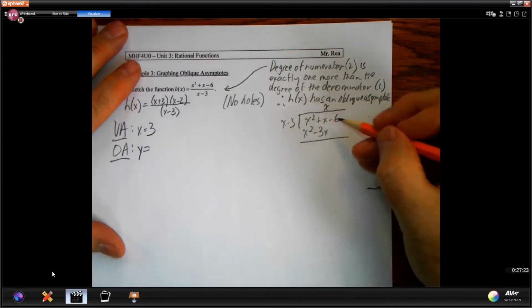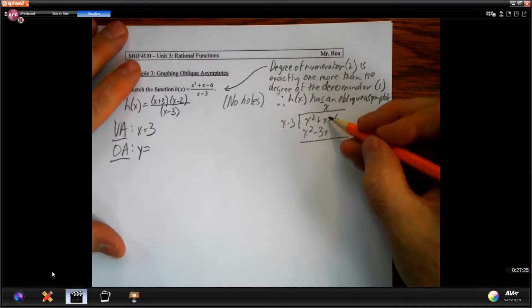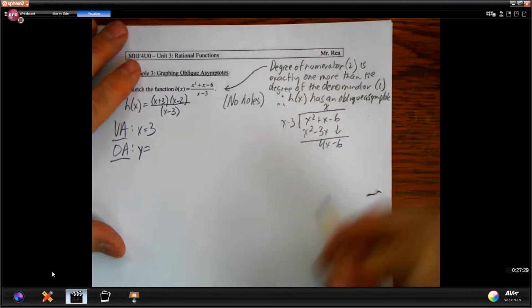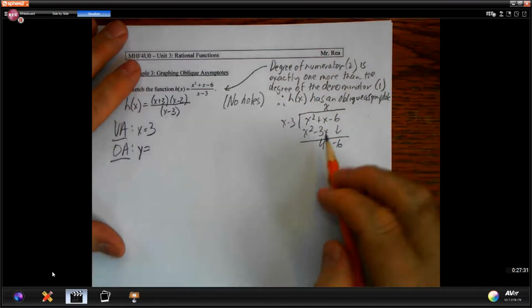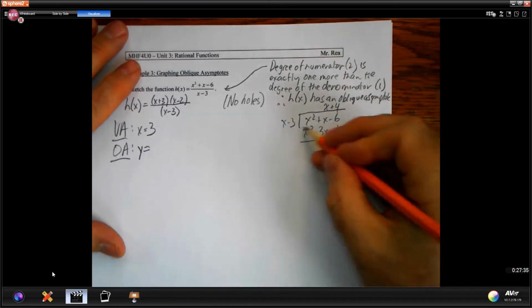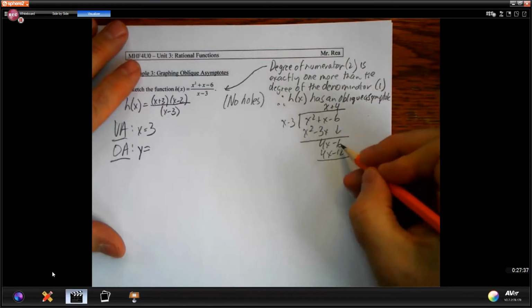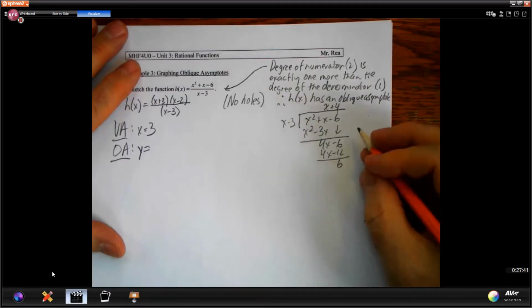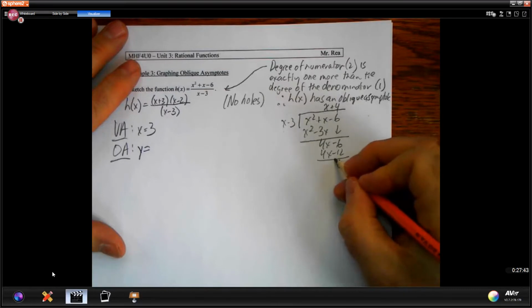So x minus negative 3x is x plus 3x, so it's 4x. Bring down the minus 6. And now I'm going to multiply by positive 4, so I get 4x minus 12. And then negative 6 minus negative 12 is positive 6. Okay, and this is our remainder.